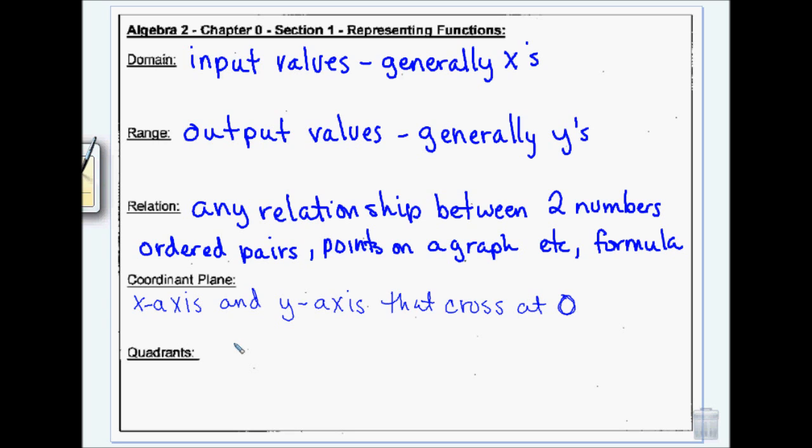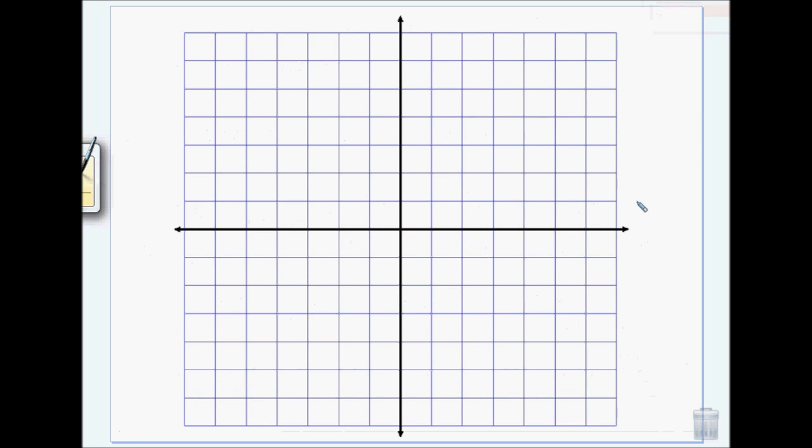So it's two number lines put together in a T. And the quadrants are the 4 regions that makes. Okay, so we have a coordinate plane. The horizontal axis is the x-axis. The vertical axis is the y-axis.